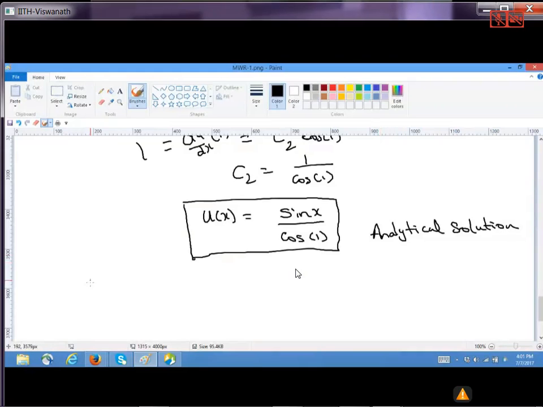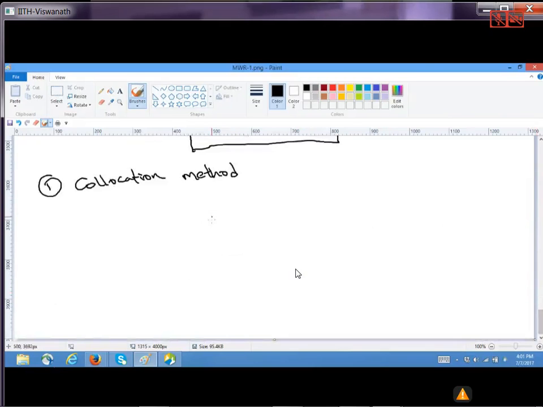Now let us use the collocation method. In the collocation method, what we do is we take the residue and make it 0 at certain places. Before doing that, we have to make an approximation.